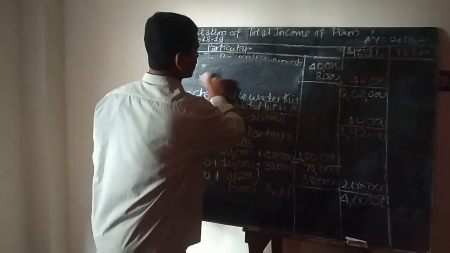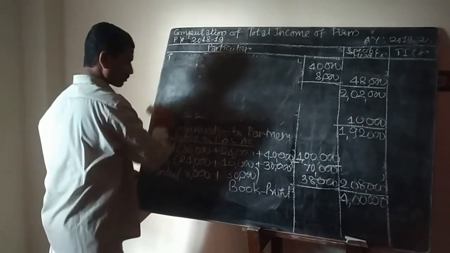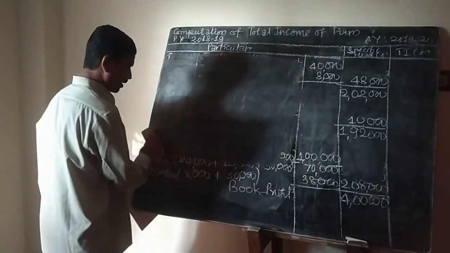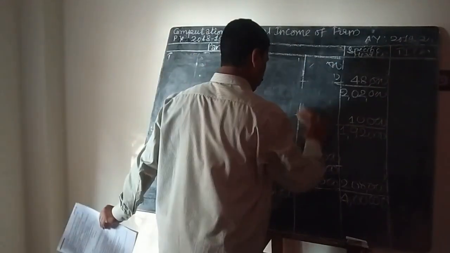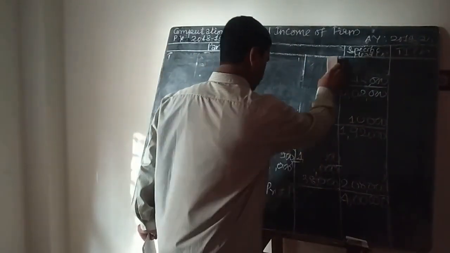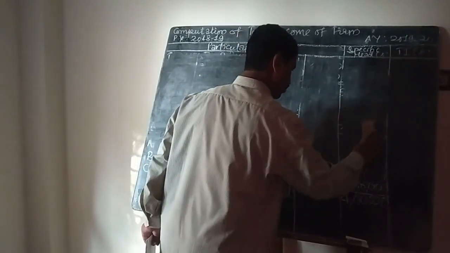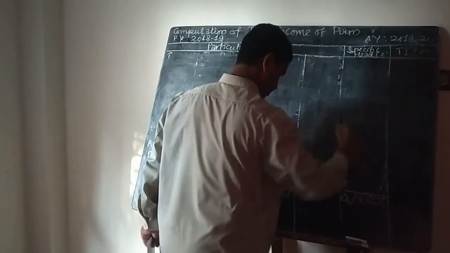So now let us allow remuneration as per section 40B. Remuneration as per section 40B means remuneration which is paid only to the working partners will be allowed here. So we have arrived at the book profit of rupees 4 lakhs now.